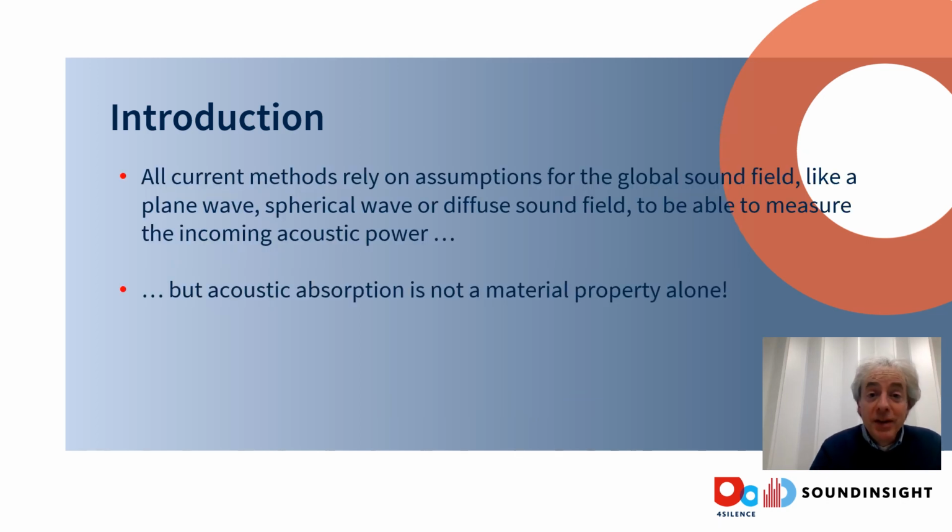So all these current methods rely on a known global sound field, like the 2 plane waves in an impedance tube or a diffuse sound field in a reverberation chamber. They have to know the global sound field, otherwise it's impossible to separate the incoming from the reflected sound power.